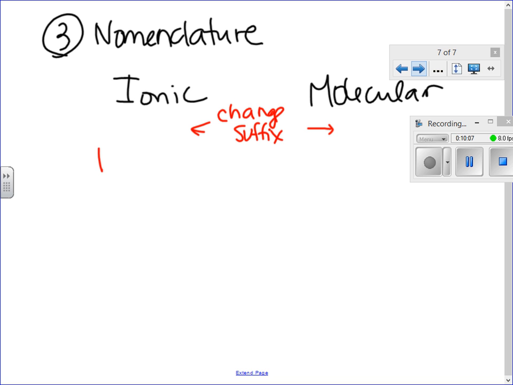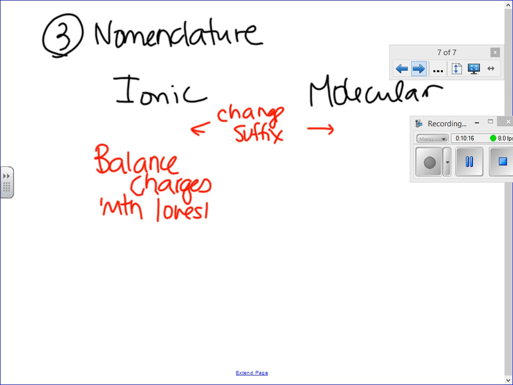In ionic compounds, your goal is to balance charges with the lowest ratio you possibly can. In a molecular compound, the prefixes are what tell you how many you have of each atom. Those are the main principal ideas for naming things. Does anyone have any specific questions about nomenclature they'd like to ask?